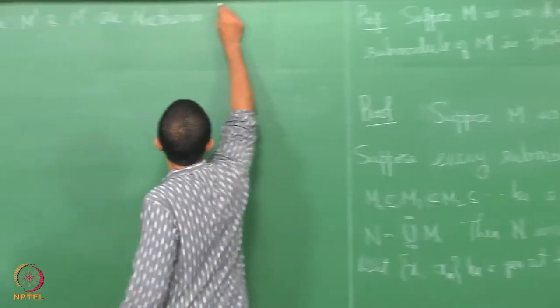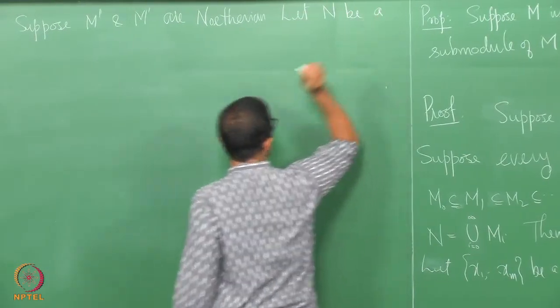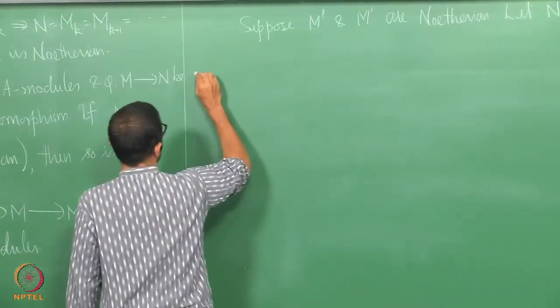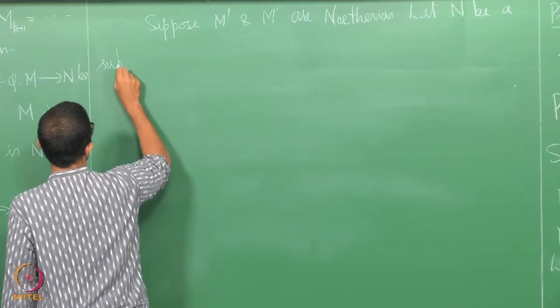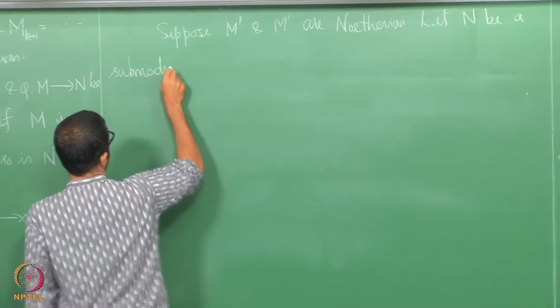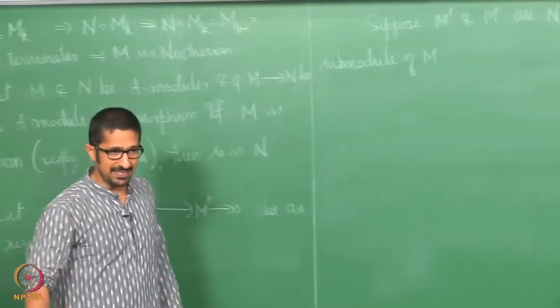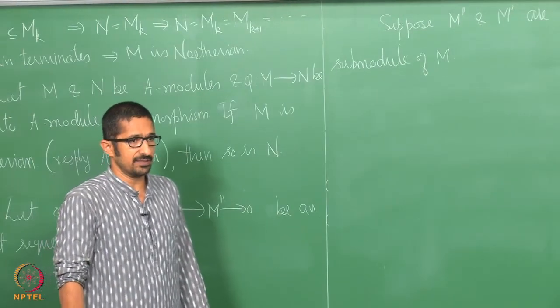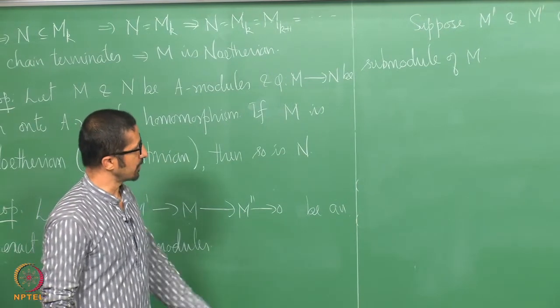So, let N be a submodule of M. If I say that N is finitely generated, I am through. Now, how do I do this?